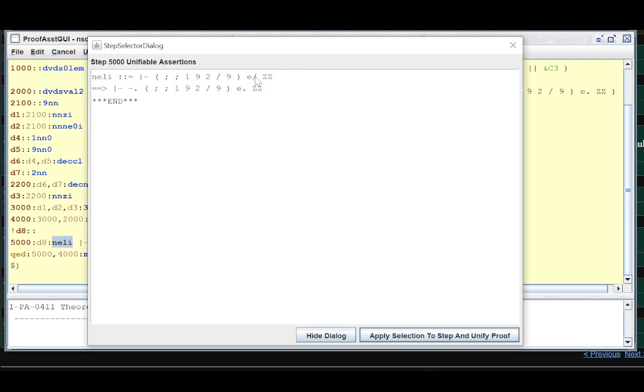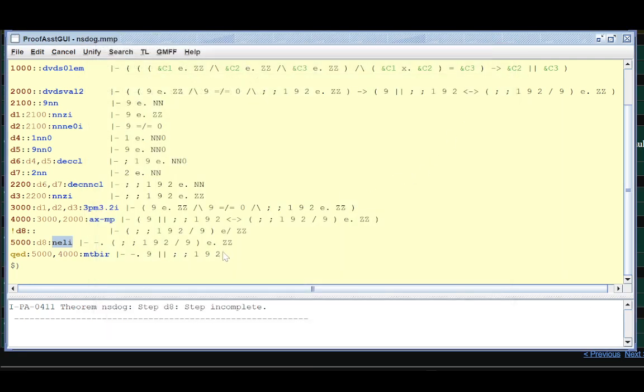I wonder what this E slash is. Does it mean it's in the complement of ZZ?